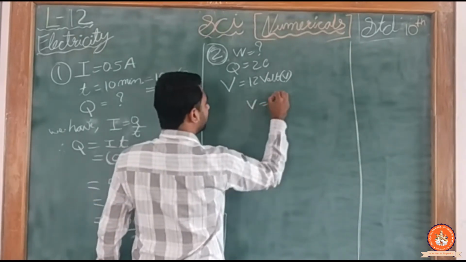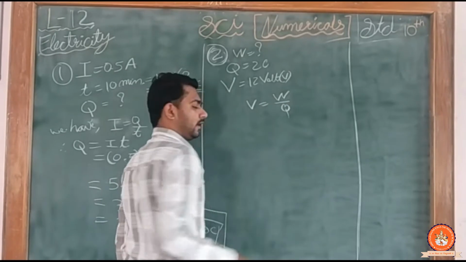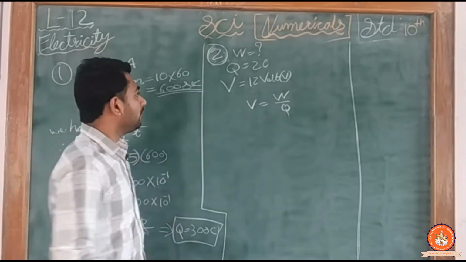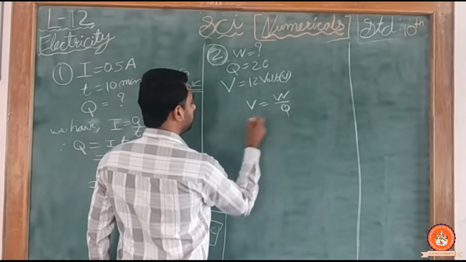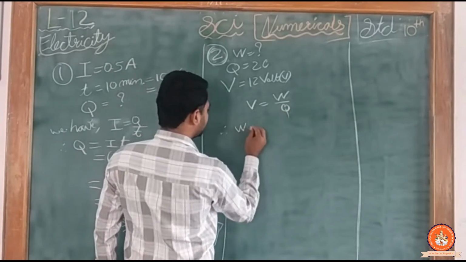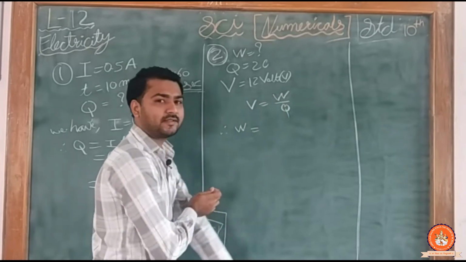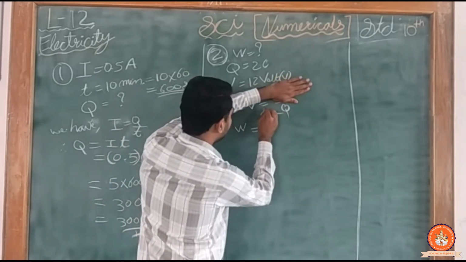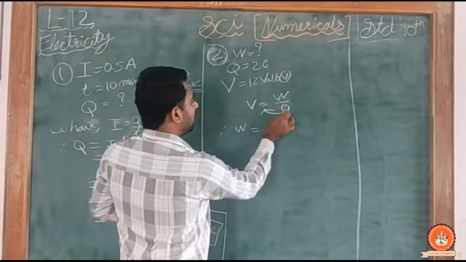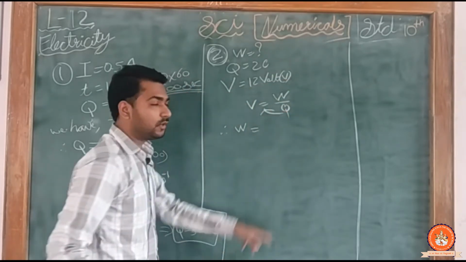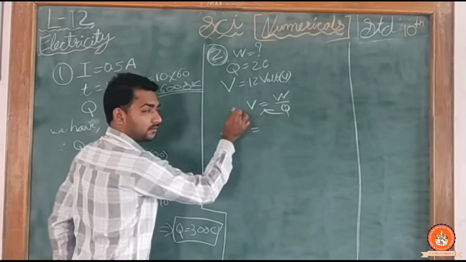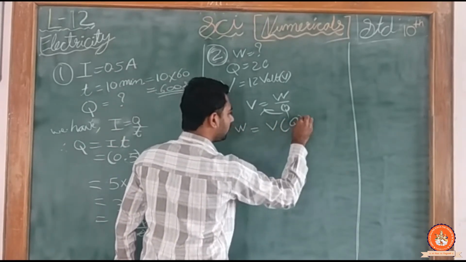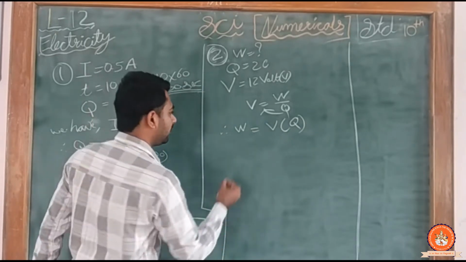V is equal to W by Q. पोटेंशियल डिफरेंस पढ़ रहे थे तब ये फॉर्मूला आ गया था. We have the value of V, we have the value of Q. So therefore W is equal to, I want to find W, so I will make W the subject and Q will be transferred over here. Q डिवाइड में है, तो यहाँ पे आ जाएगा V के बाजू मल्टीप्लाई में. So W is equal to V into Q. पूरा मैथमेटिक्स है ये, ठीक है.